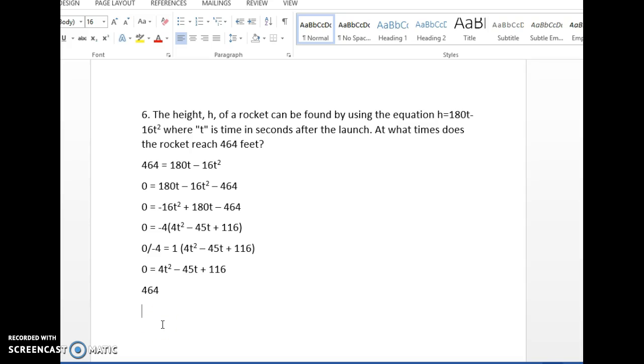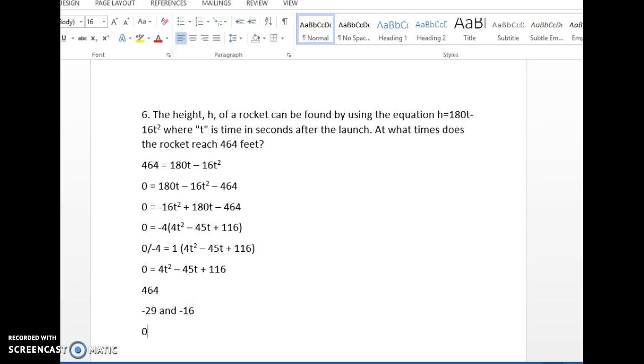And a little bit of trial and error should lead you to -29 and -16. And if you add those, they do equal -45. And if you multiply them, they do equal positive 116.